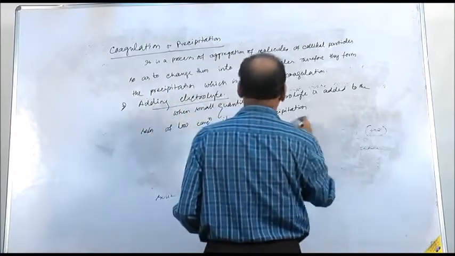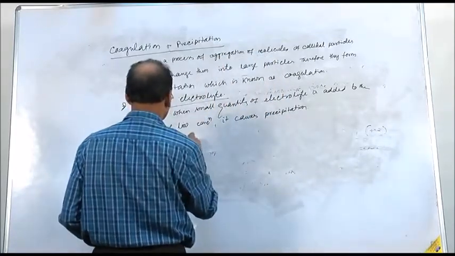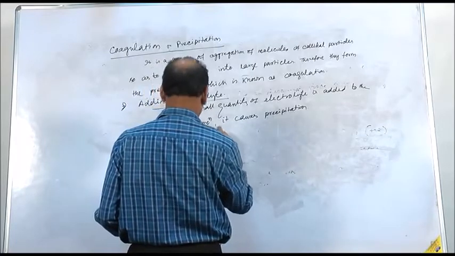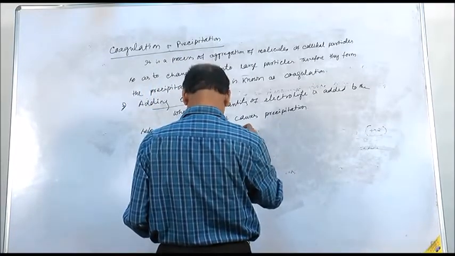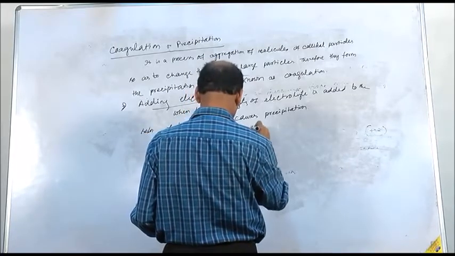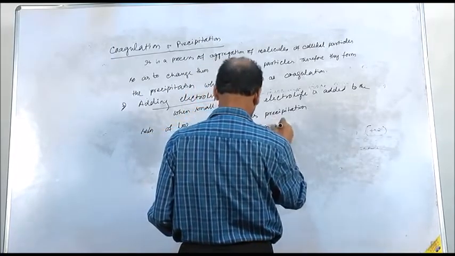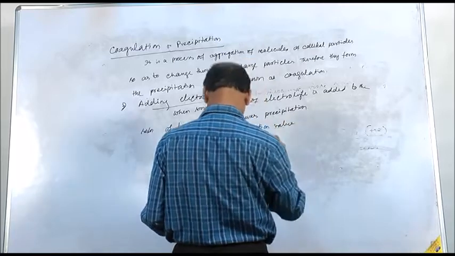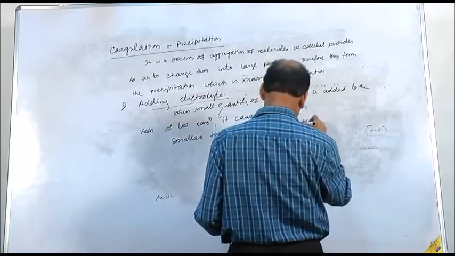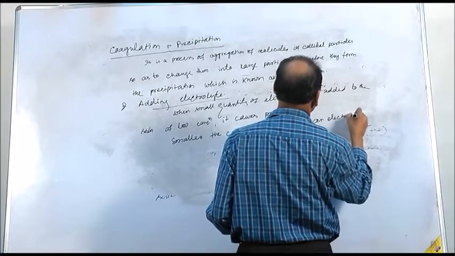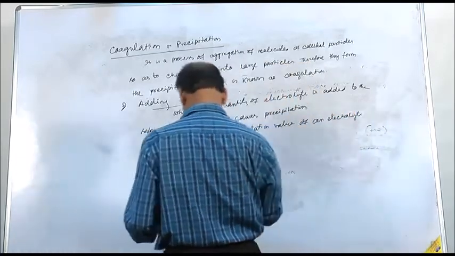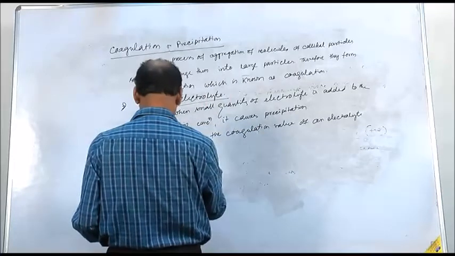The smaller the coagulation value of an electrolyte, the greater is the precipitating power.